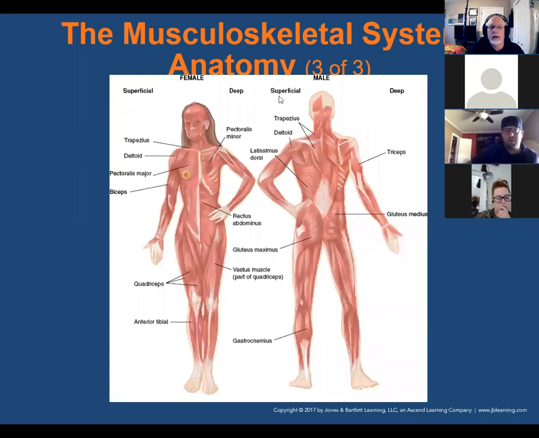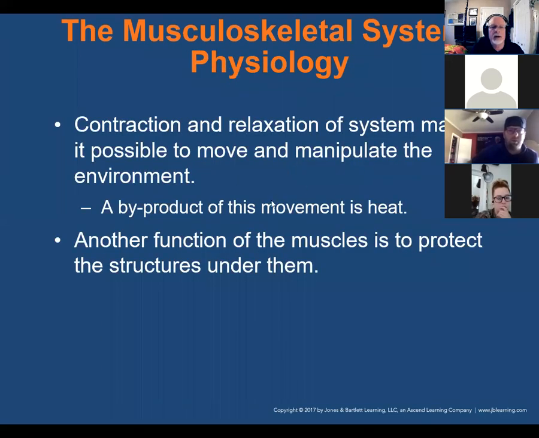All right. Moving on past that, we've talked about contraction and relaxation being used to do work or generate movement. A byproduct of that movement or work is heat. When is that important? Anybody ever been so cold that you shiver? Your core body temperature has dropped to the point that your body needs to protect itself because it operates in a fairly narrow range.